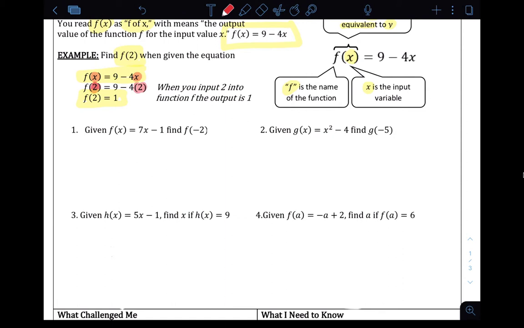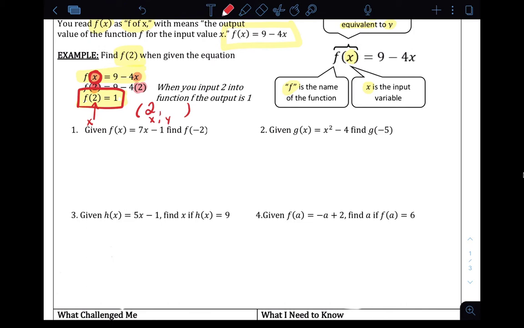Now this is a totally acceptable way of writing it, but we could also write it as a coordinate point. The input is your x value, obviously. We replace that x with 2. So in a coordinate point, we can put that 2 in the x location.